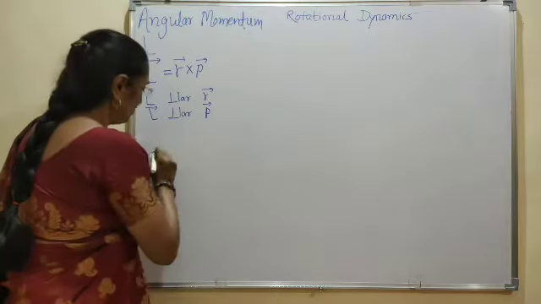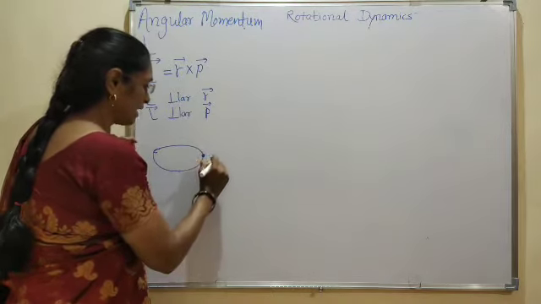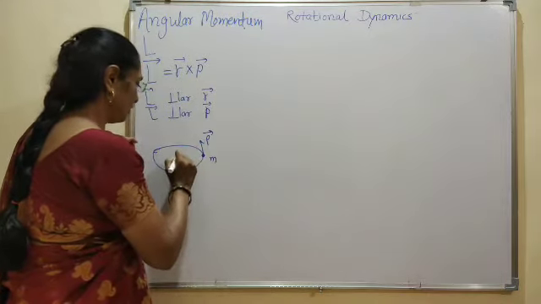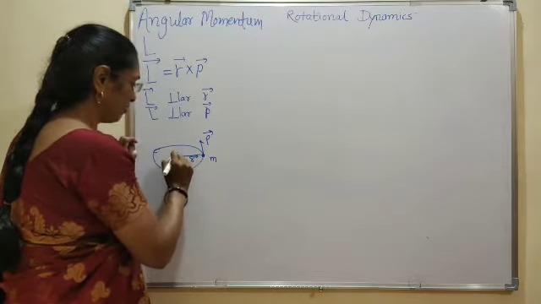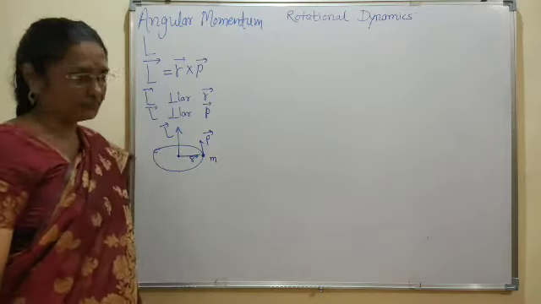If it is shown like this, it is a particle of mass m, its linear momentum is p, r is the perpendicular distance of this particle or radius vector, then L is along the axis.